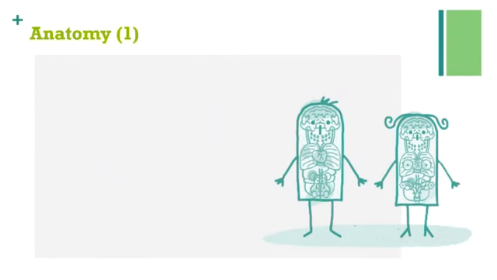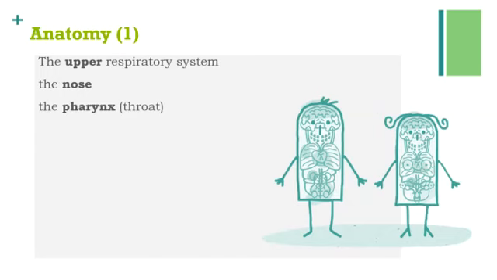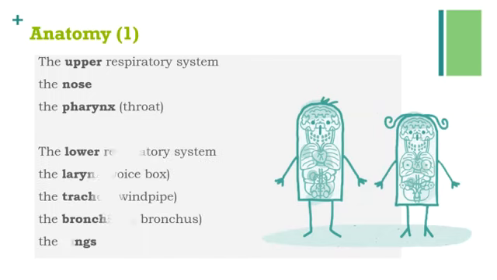Structurally, the respiratory system consists of two portions. The upper respiratory system, which comprises the nose, the pharynx, and associated structures, and the lower respiratory system, which refers to the larynx, the trachea, the bronchi, and the lungs.